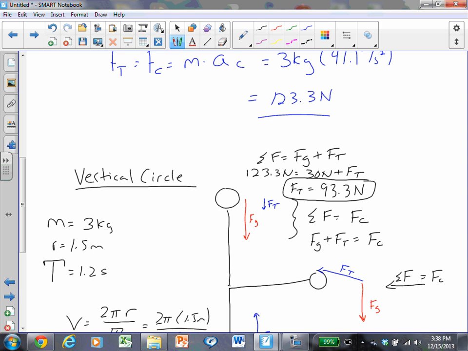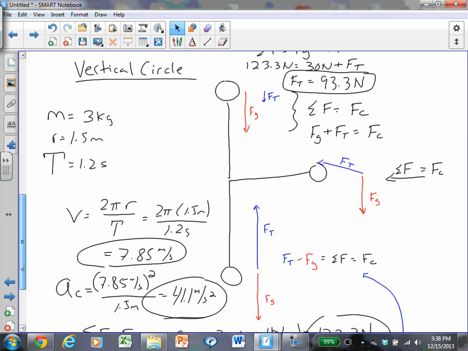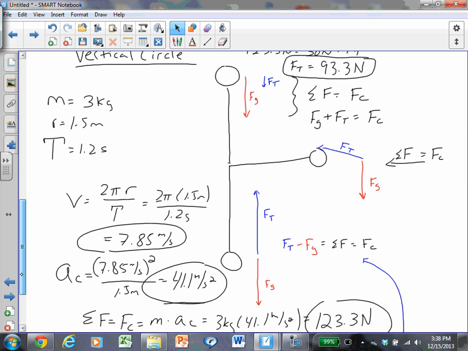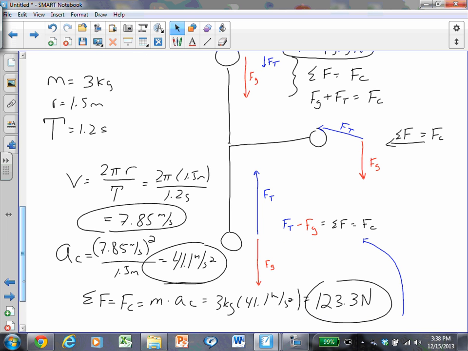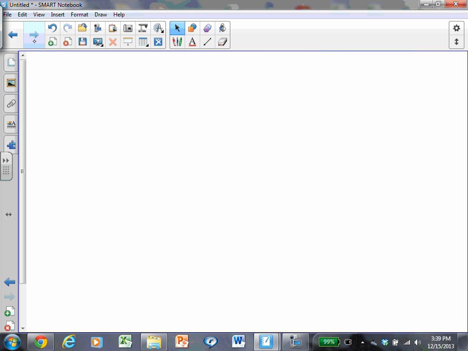And near the middle, the vector sum of Fg plus tension would equal 123.3 newtons, directed towards the inner part. So that would be approaching the 123. So it's at the most at the bottom, 153, at least at the top at 93 newtons. We'll do more problems like that because I understand that's pretty complicated.